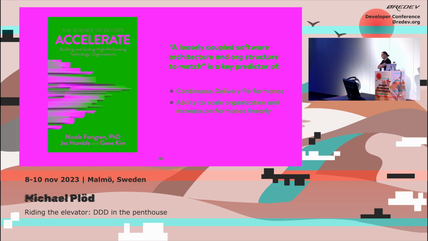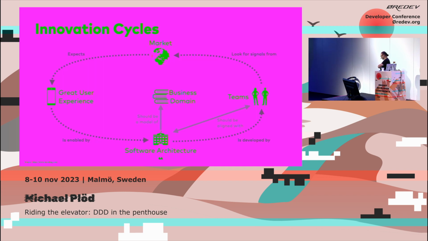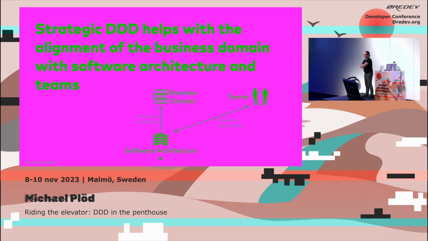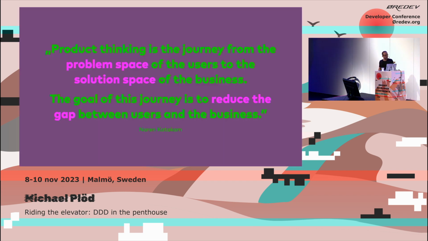So basically, that means this. And this triangle here is, in my eyes, the essence of strategic domain-driven design. That's what we want to achieve in strategic DDD. Now, you could also draw parallels to product thinking. For instance, this quote by Naren Katakam.